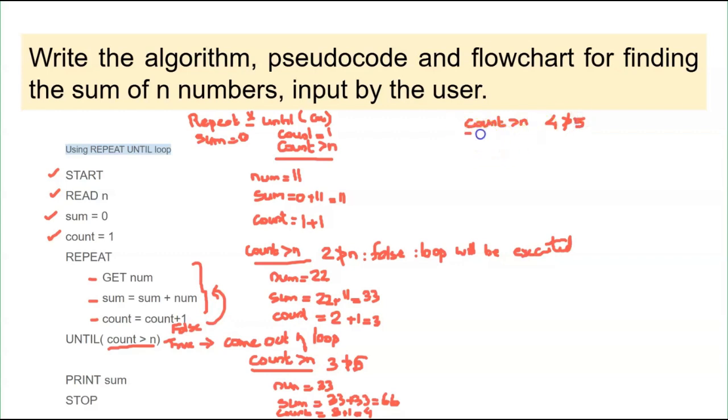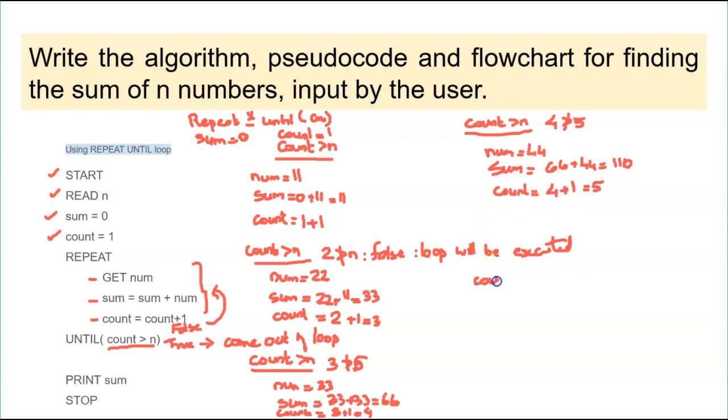So it will get the next number, num is equal to 44, sum is equal to previous sum plus 44, which is equal to 110, and count will be incremented, so it is 4 plus 1, which is equal to 5.